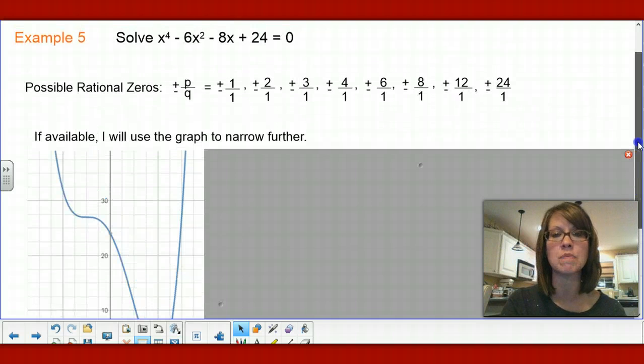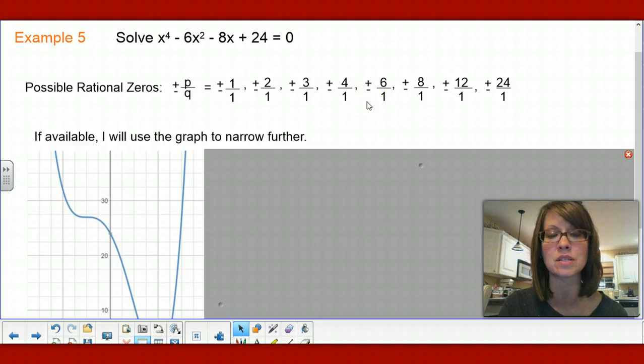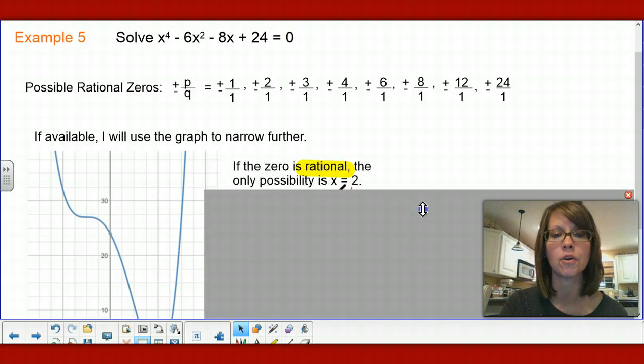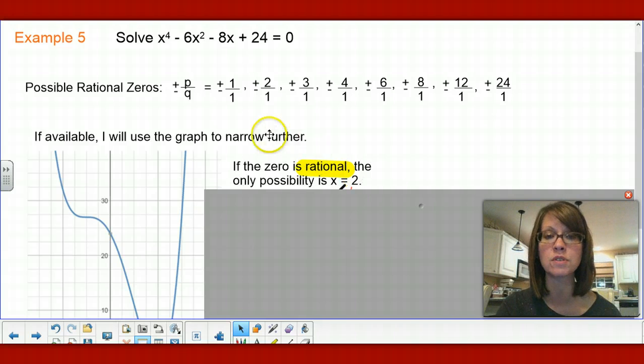So out of this big list of like 16 possible options, 8 positive, 8 negative, I'm going to try positive 2, okay? So let's see what we get there. If the 0 is rational, the only possibility is going to be x equals 2. We know that from the graph, and it was one of those listed. The others just aren't panning out.